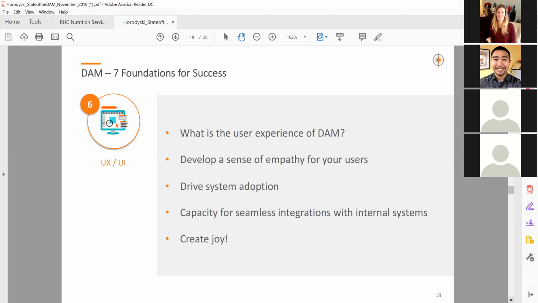The next one, the sixth foundation, is all about the good things of user experience and the user interface. I'm always very aware of reminding people to consider the user experience of using a digital asset management system. Is it good? Does it allow you to tag assets easily?